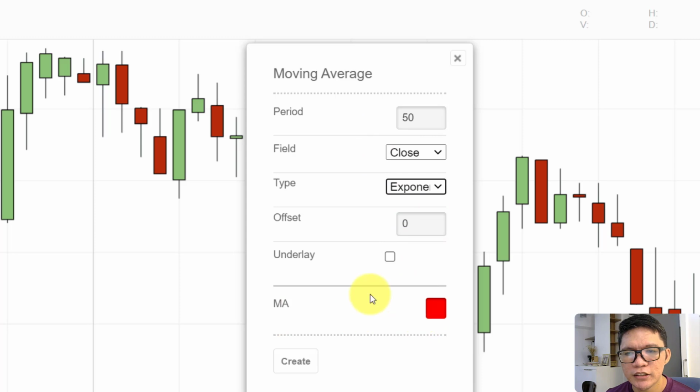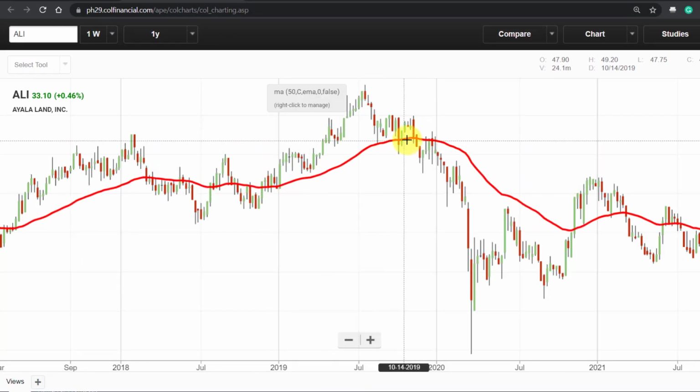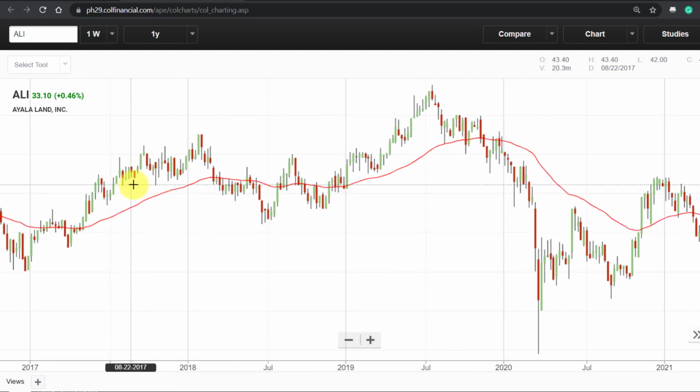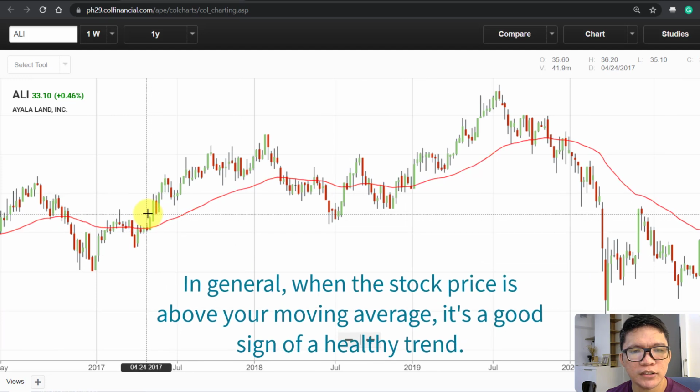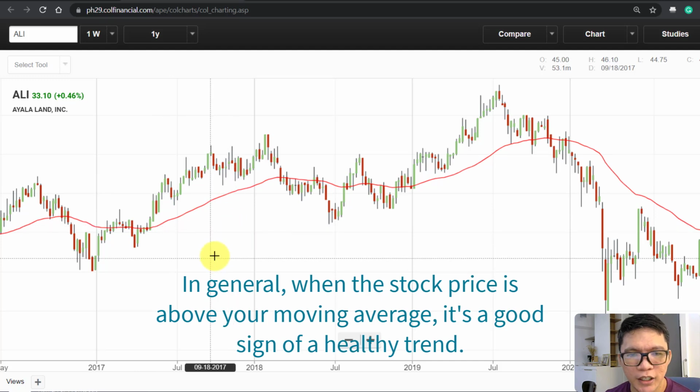And then, yeah, just select your favorite color. So I'll pick red for MA50 and click create. Yan, so yung may ma-generate na red line and makikita natin yung relationship ng stock price doon sa ating moving average. So ano yung basic idea about moving average? So ito yung lagi nating tatandaan, no? Whenever the price of the stock, okay, is above your moving average, so that is actually a good sign for us.